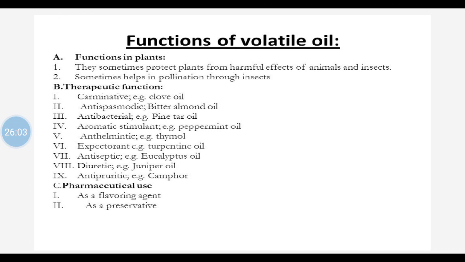So here we finish up volatile oils. Regarding all these important chemical groups, we must know the definition, classification, their occurrence and distribution in nature, then important identification tests, methods of isolation and extraction, and important uses.